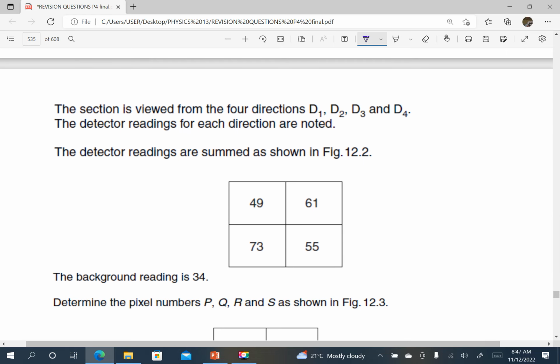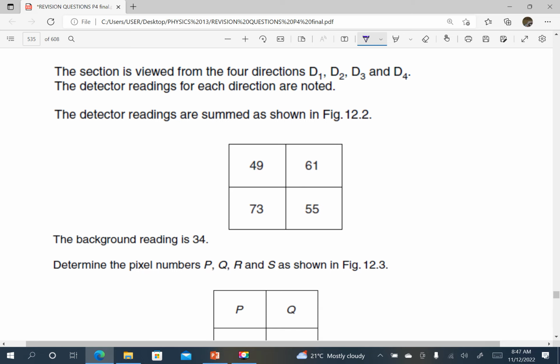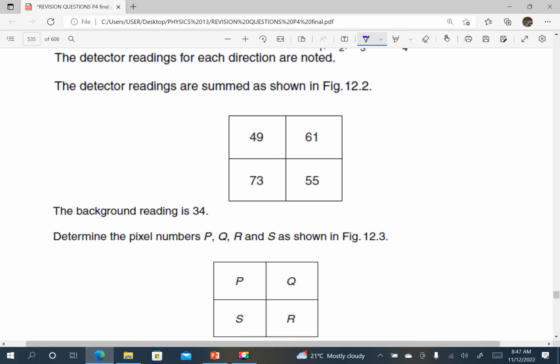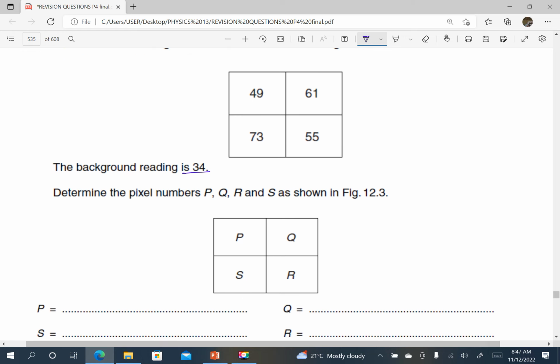So the section is viewed from the four different directions: D1, D2, D3, and D4. The detector readings for each direction are noted here. Okay. So they have given us the background reading. Remember, this is the sum of the detector readings in any one particular direction. Determine the pixel numbers P, Q, R, and S.